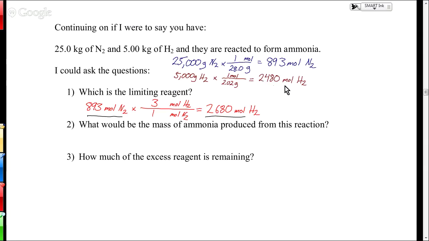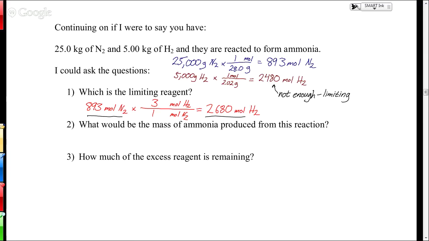We have 2,480. So we do not have enough hydrogen, and that one's going to be limiting.